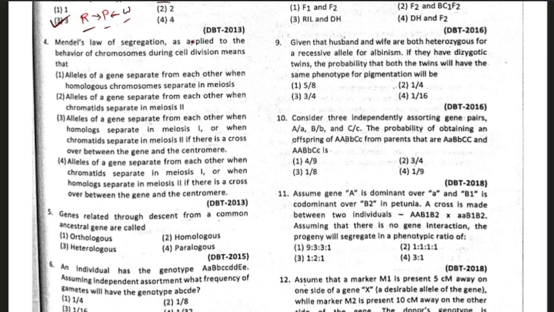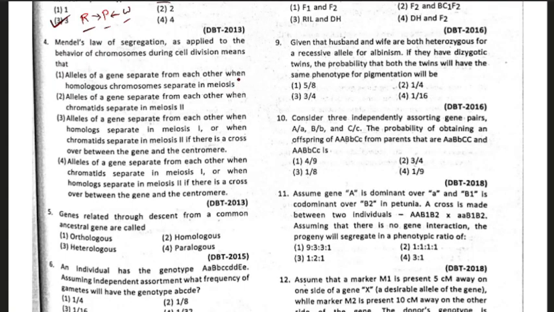Mendel's law of segregation is applied to the behavior of chromosomes during cell division. Mendel's law of segregation, that is Mendel's first law, means that alleles of a gene separate from each other when homologous chromosomes separate in meiosis.